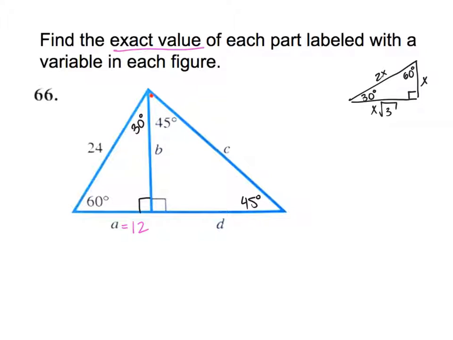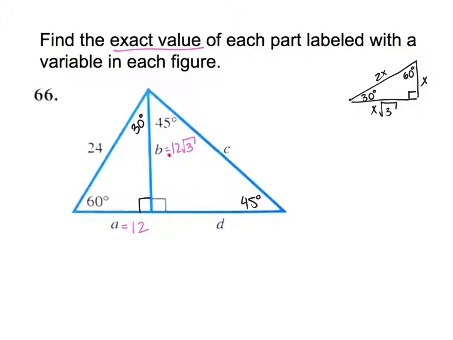And so this side here, which is the next longer side, B, would be taking the short side, which you can pretend is your x value, right? So if x is 12, you're going to be plugging into here and multiplying by the square root of 3. So my B here is 12 square root of 3. And so now I have all the sides to this triangle. So I'm done with the 30, 60, 90 triangle.